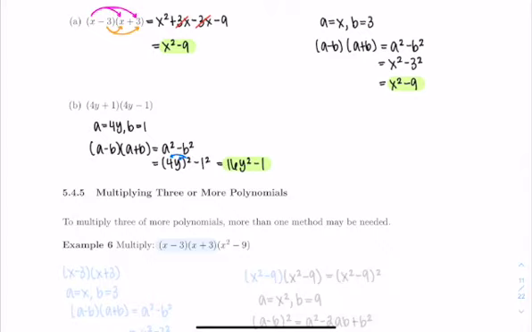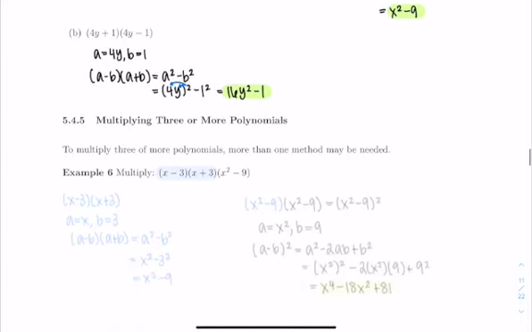And what if I want to multiply 3 or more polynomials? So more than one method may be needed, but we just want to look at 2 at a time and then simplify, and then we can keep multiplying. So for example number 6, the first thing I'm going to do is multiply x minus 3 times x plus 3 first. But we know that this is a difference of squares.